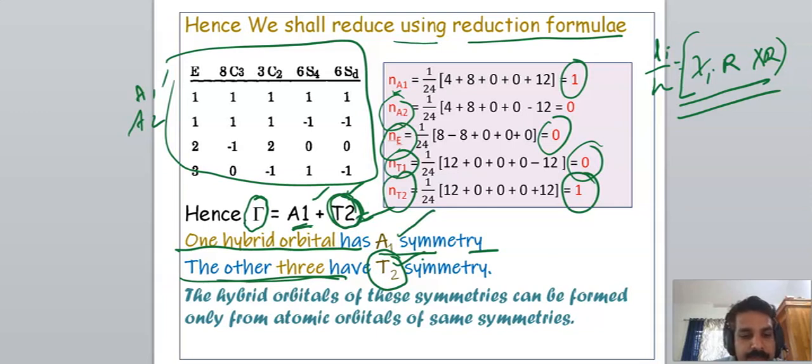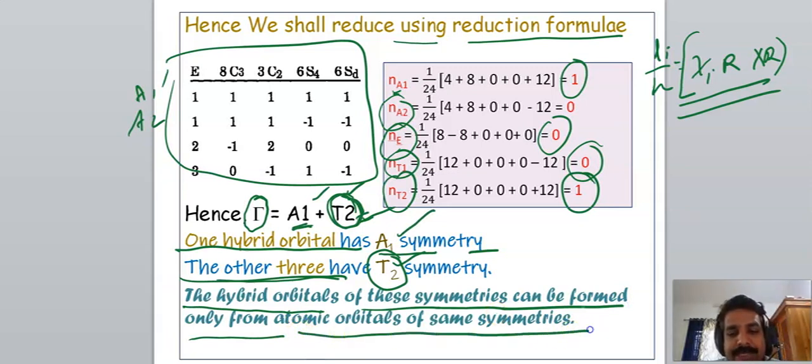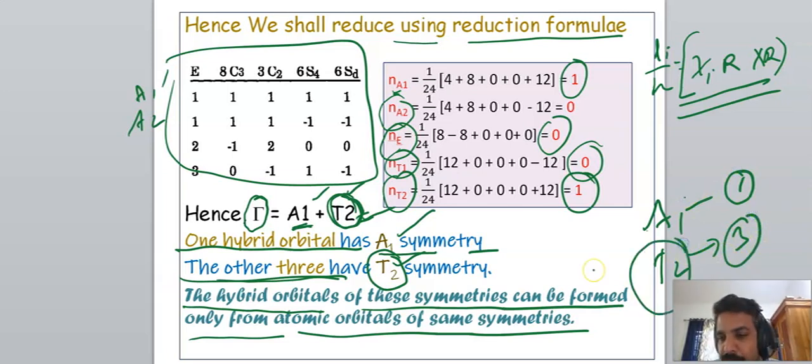The main point is that hybrid orbitals of these symmetries can be formed only from atomic orbitals having the same symmetry. That is, one hybrid orbital has A1 symmetry and 3 hybrid orbitals have T2 symmetry. Therefore the atomic orbitals should have these symmetries: one atomic orbital should have A1 symmetry and the other 3 should have T2 symmetry.